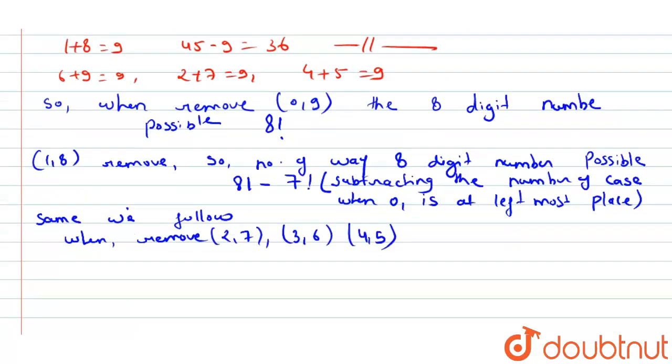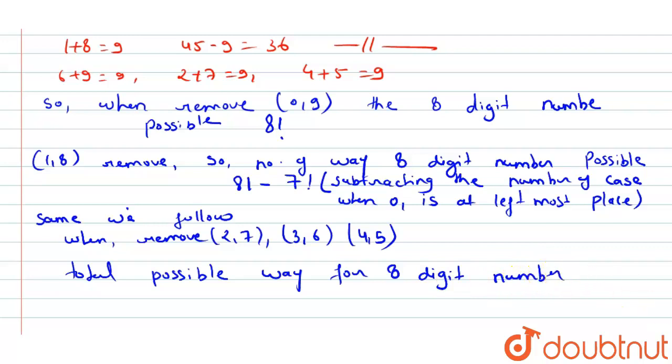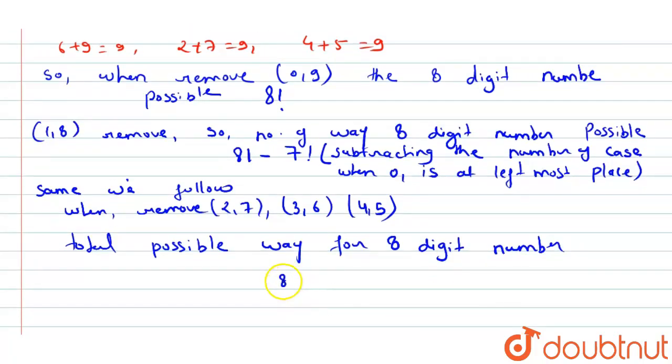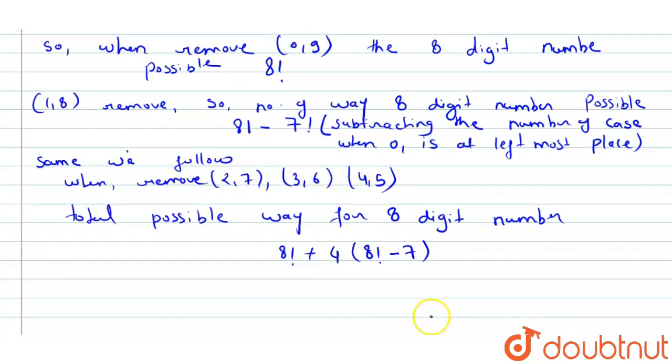Now our total possible ways for an 8-digit number is 8 factorial, plus, because these are 4 pairs, 4 times 8 factorial minus 7 factorial. Here not a factorial, only 4, because there are 4 pairs. When we solve this, we get 5 times 8 factorial minus 4 times 7 factorial.